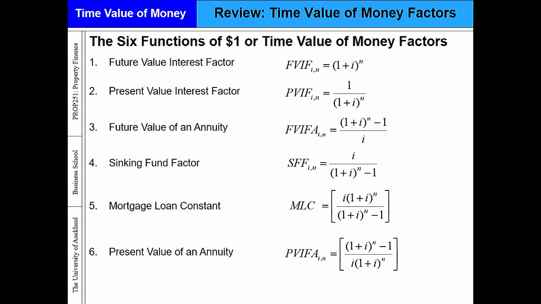What a factor is, basically, if you know what the factor is, you just take your investment and multiply it by the factor. If you have a future value interest factor, you take the initial amount, say $100, and multiply it by its future value interest factor in order to find the future value.